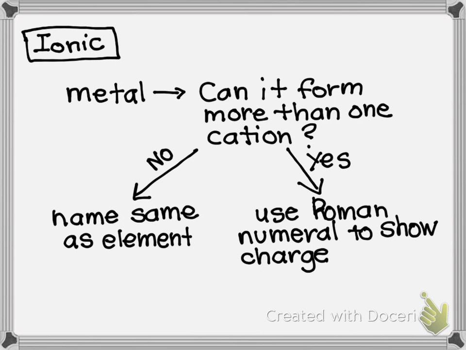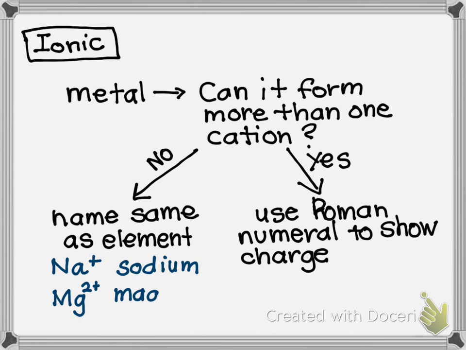So in sodium chloride we would just call it sodium. Or we could have had magnesium, which is an alkaline earth metal in group 2A, and we would call that just magnesium. We would actually call it a sodium ion and a magnesium ion.